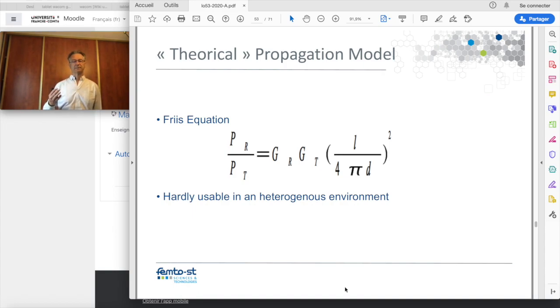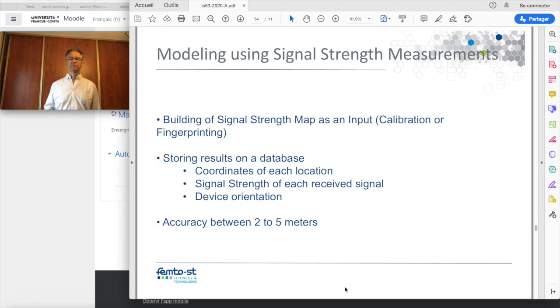So it is a good formula in an open environment, but very difficult to use in a heterogeneous environment.